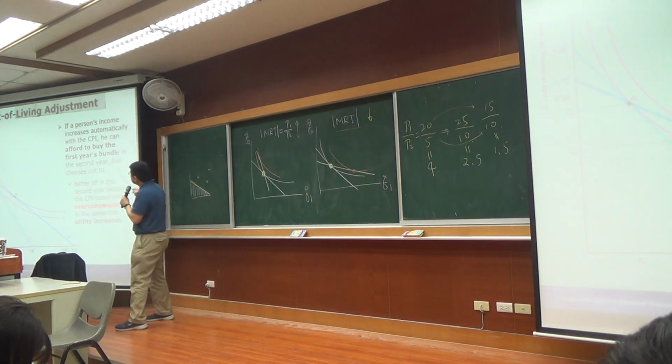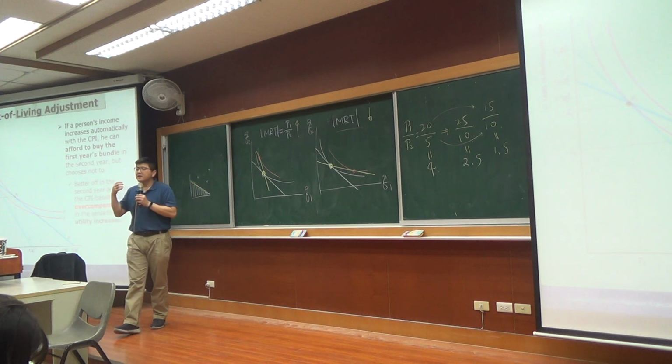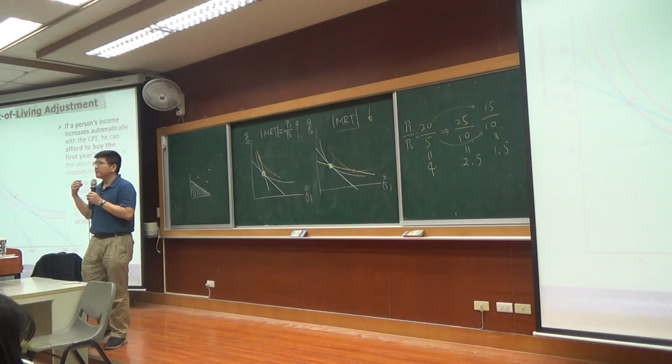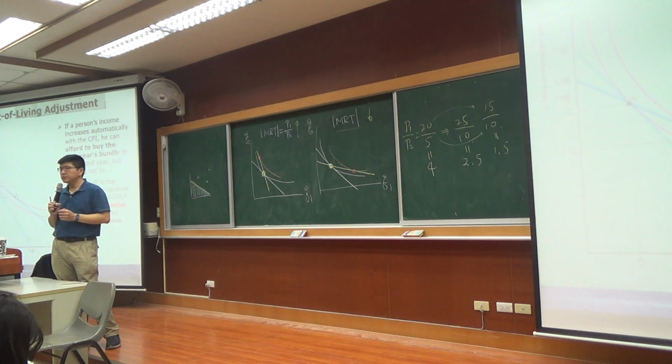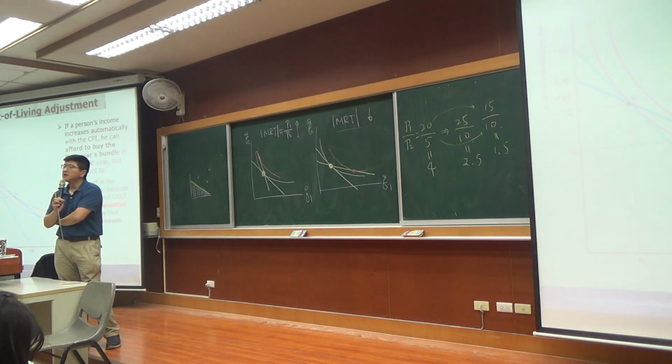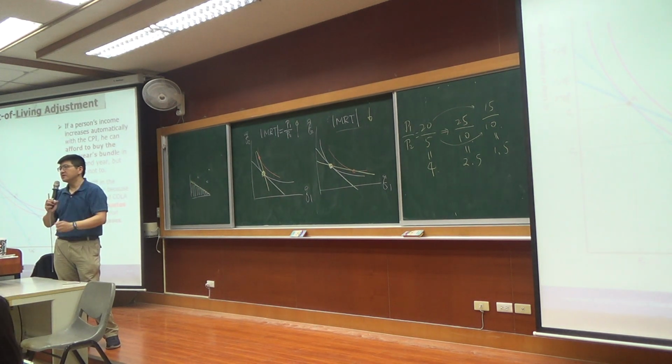Once again, if we use this as the standard, the consumer can afford to buy the initial consumption bundle. This is the standard for how to compensate a consumer, but this kind of standard always overcompensates in each case.